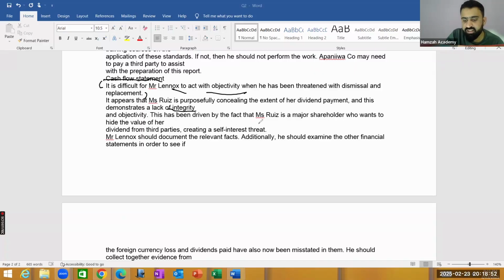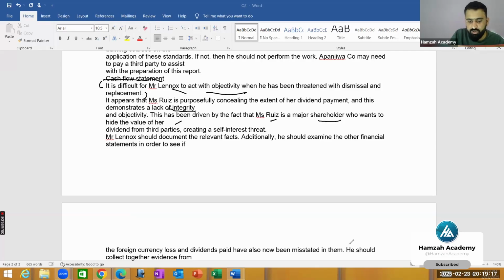This has been driven by the fact that Ms. Ruiz is a major shareholder who wants to hide the value of her dividend from third parties, creating a self-interest threat. Mr. Lenonix should document the relevant facts. Additionally, he should examine other financial statements in order to see if the foreign currency loss and dividend paid have also been misstated in them.